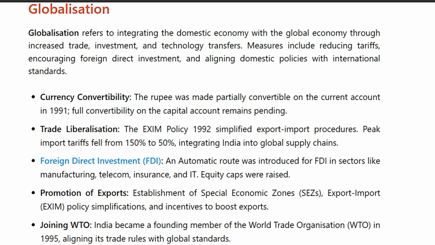Equity caps were raised. Promotion of exports, establishment of special economic zones, SEZs, EXIM policy simplifications, and incentives to boost exports. Joining WTO, India became a founding member of the World Trade Organization, WTO, in 1995, aligning its trade rules with global standards.